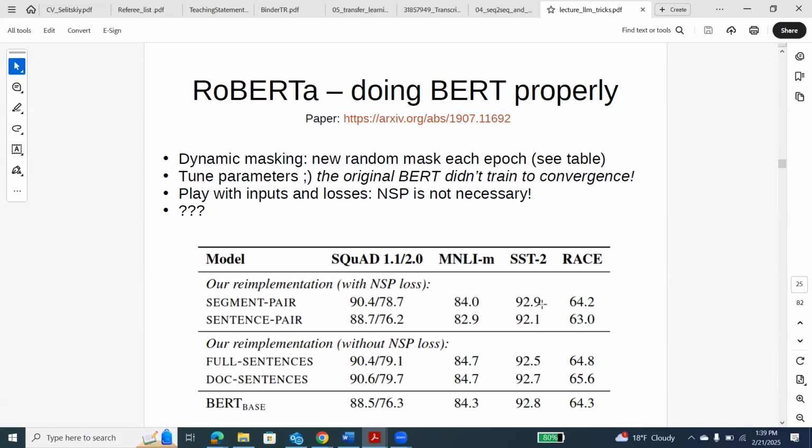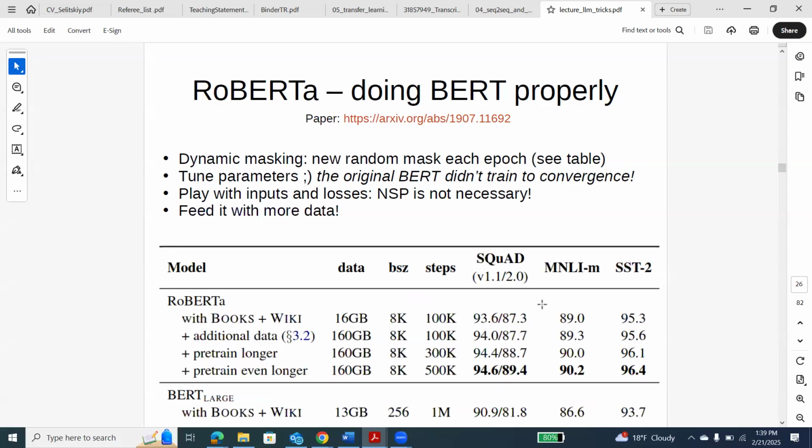Even though it performs better than previous methods, every time you will see a comparison with the BERT model, because of course it has lower scores on all the tasks. So what's next?